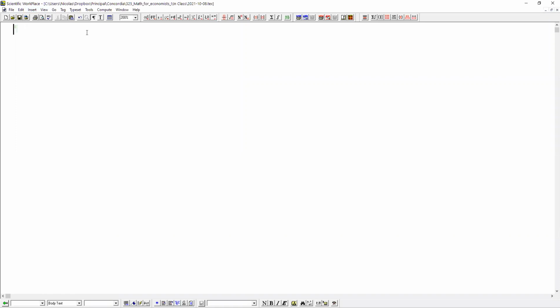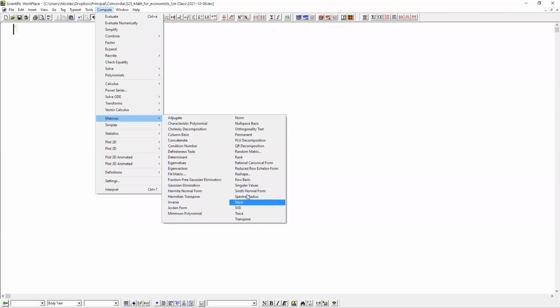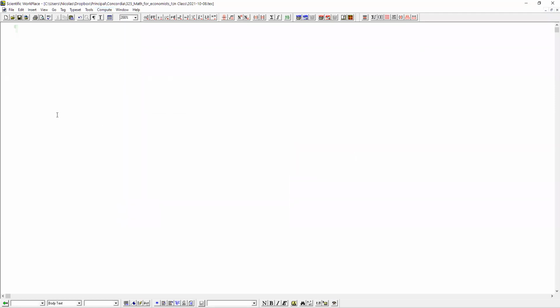But I find it super convenient because you have all these compute tools. If I have matrices, I can compute whatever I want with my matrix. It works very well as an editor too. Now I think the company went bankrupt, but they are trying to release the program as open source so that people can work on it and improve it. That would be awesome if they do that.